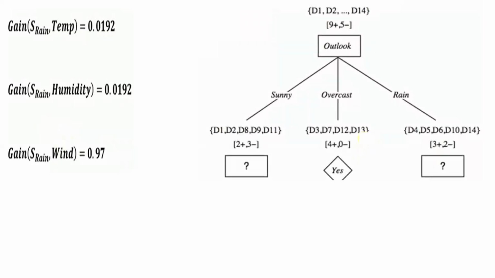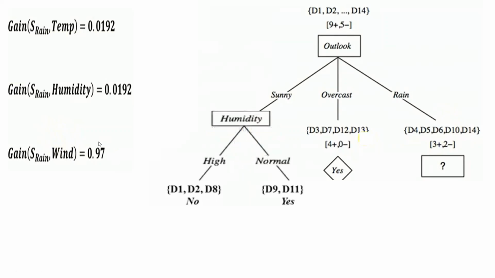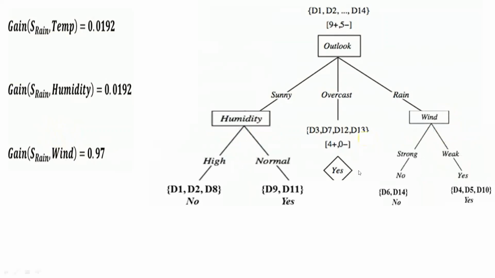After calculating it, we will get the information gain for wind as the highest, so that in rain, we represent wind with strong, 2 negatives, and weak, 3 positives. This is the construction of the decision tree for 14 instances of a weather data set.